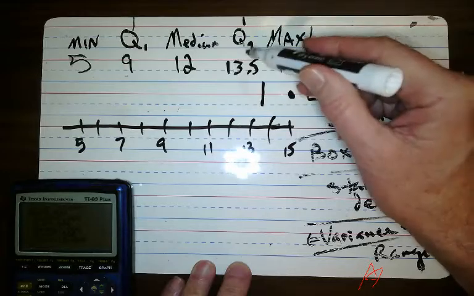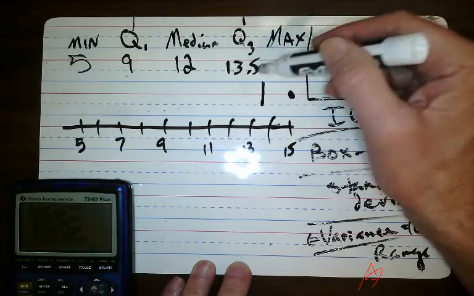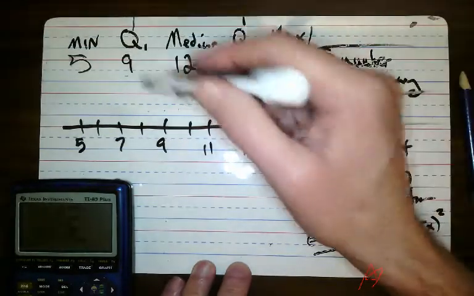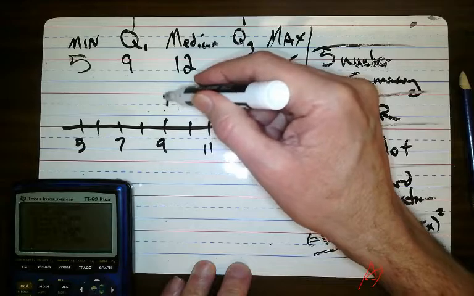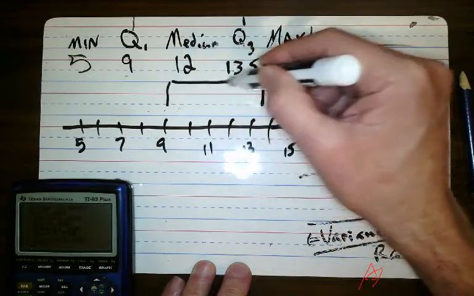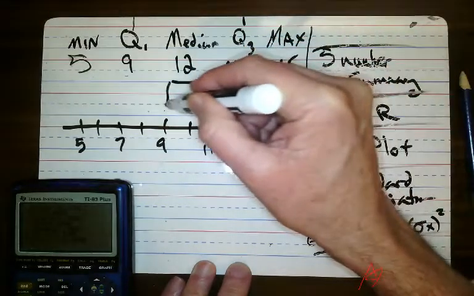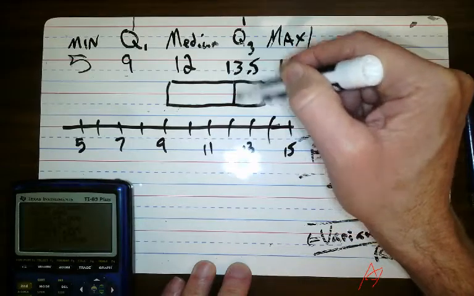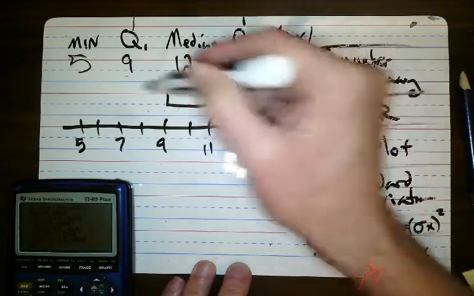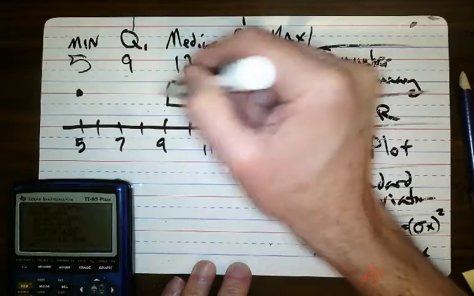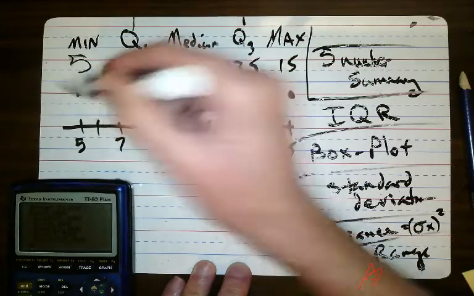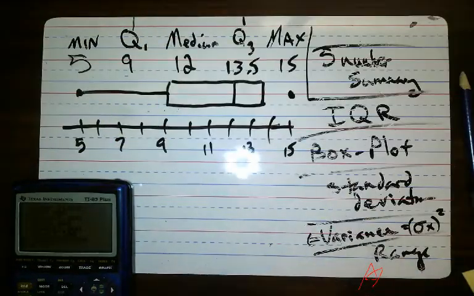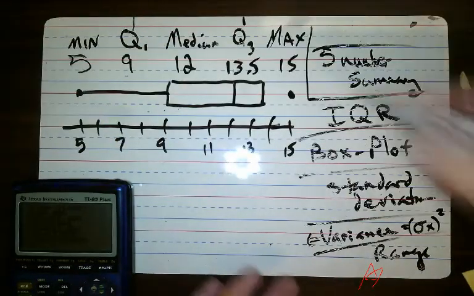That's the right-hand side of your box. Q3 is the right-hand side of your box. We're going to 9. That's the left-hand side of your box. Right? 12 is the median, so 12 is right there. And then 5 is way over there. Okay, so remember, whoops, I forgot my other whisker.